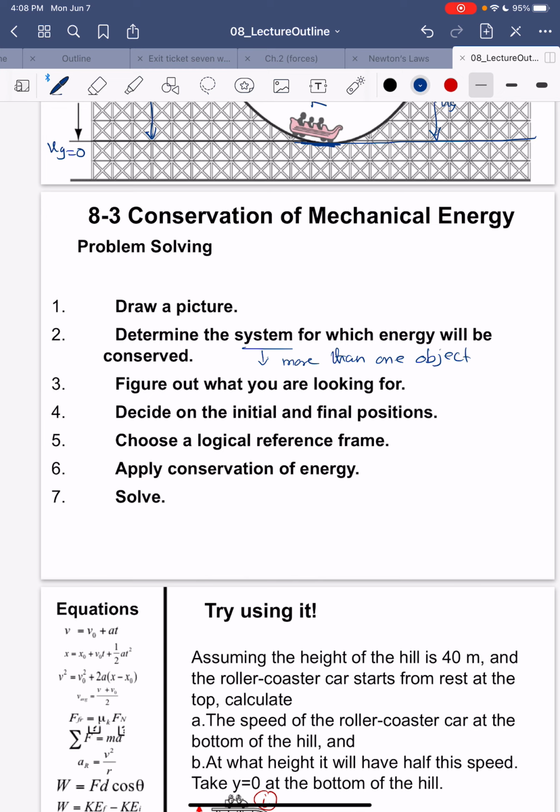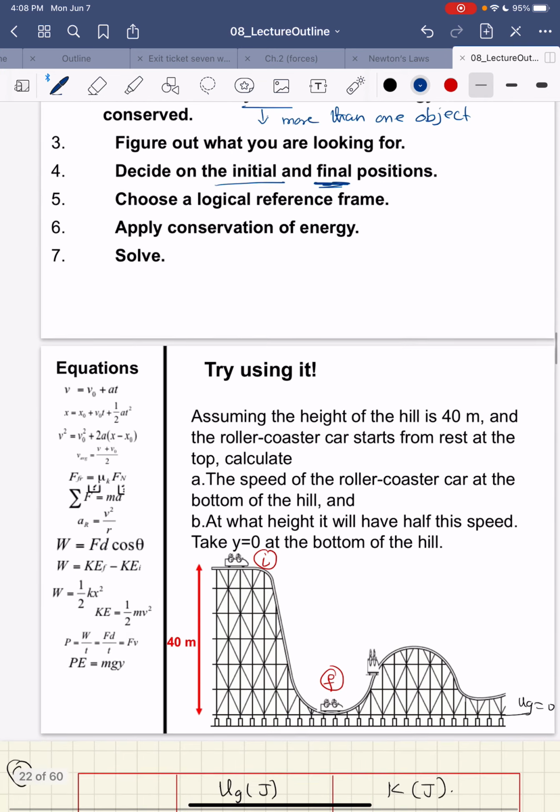Then I need to decide where is my initial and my final, figure out what I am looking for, apply conservation of energy, and then solve.